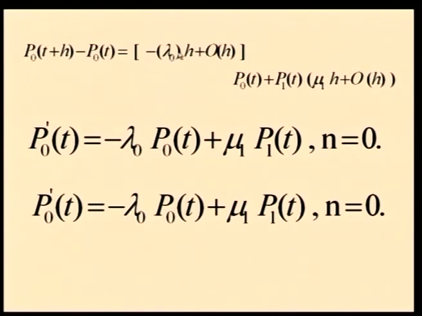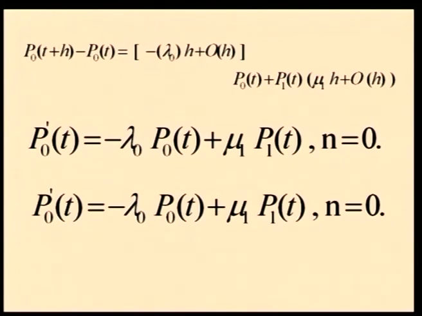So, the first term on the right hand side calls for no arrival in the time interval of h units of time. The second term corresponds to one customer at time t. Then in the interval t to t plus h there should be one departure, so that the count goes to 0 at time t plus h, and also there should not be any arrival during this interval of time.